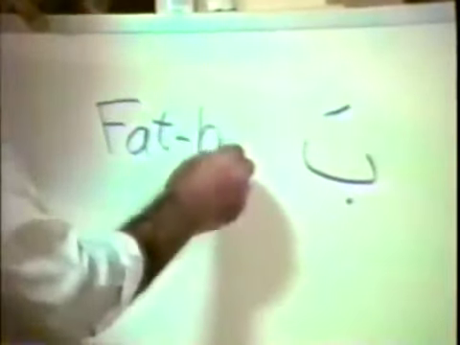Now, I want to give you the names of these vowels. Let me erase all this. The letter, again, the letter ba. The slanted dash on top of it is called fatha.